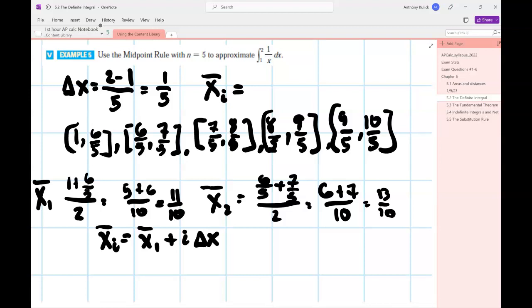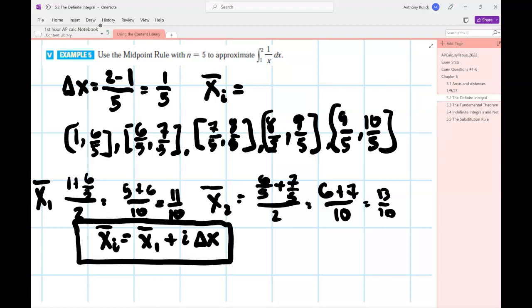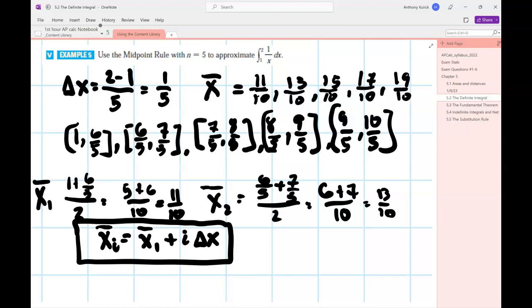Because it was 1/5 going from x1 to x2. That would track to me. So that's going to mean that my x bars here are going to be 11/10, 13/10, 15/10, 17/10, and then 19/10.